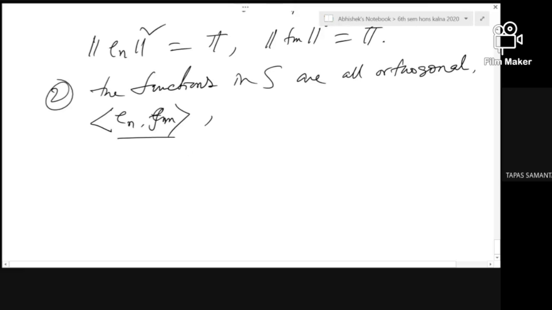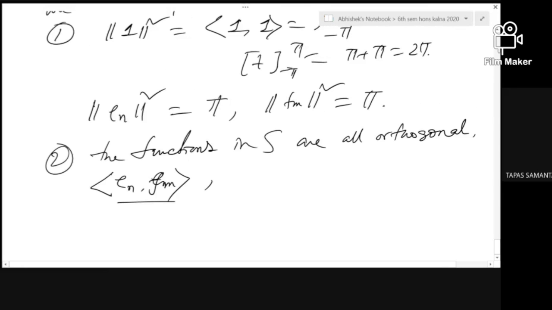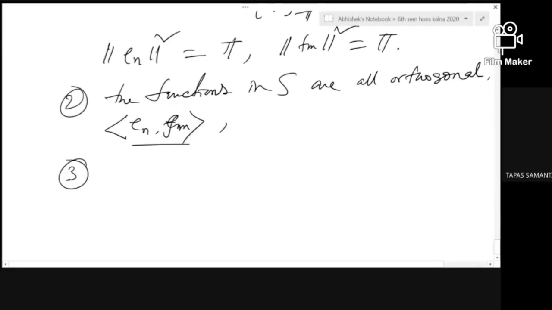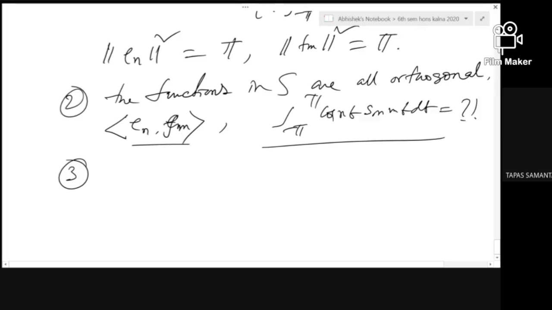You will find that this is 0, because it is the integral from −π to π of cos nt sin mt dt, and this integral is 0, as you can check. So you need to check this integral.